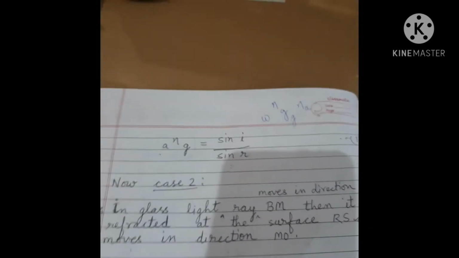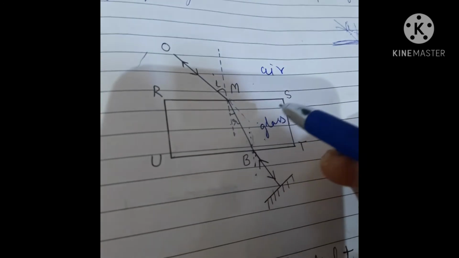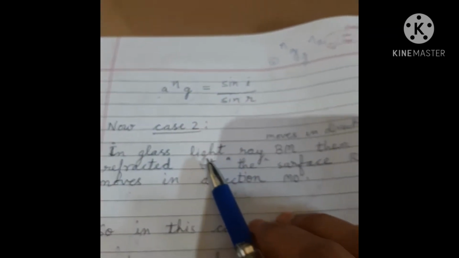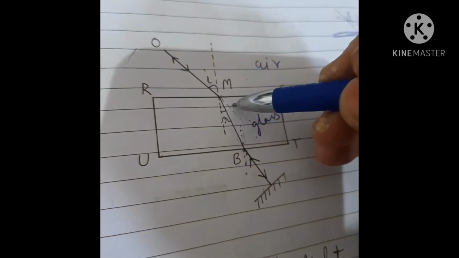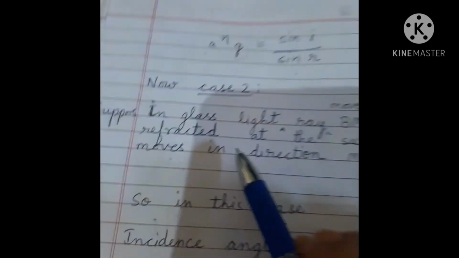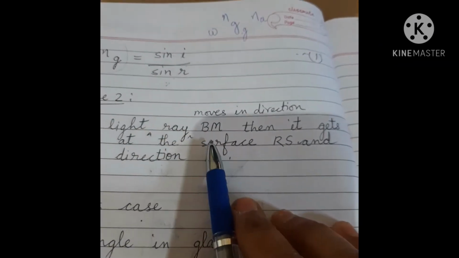So this is the first case, when the light ray OM strikes the interface RS. Now case 2 is when the light ray is traveling in the glass slab. Suppose in glass the light ray moves in direction BM.